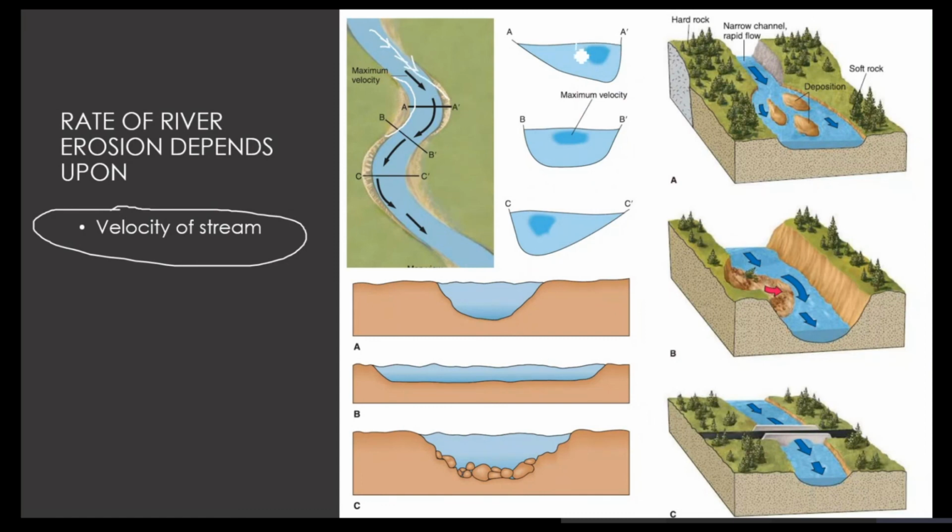So this is the part where it produces high velocity, whereas towards the sides it will be less. So the point is that when the river flows, different areas have different velocity of stream. So where it has more velocity, it will erode more.